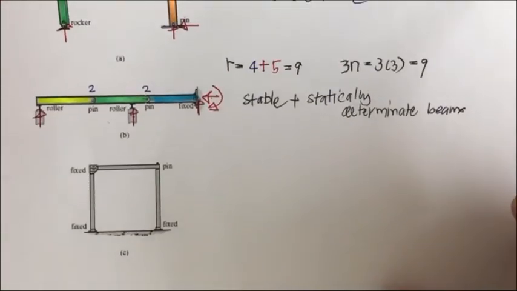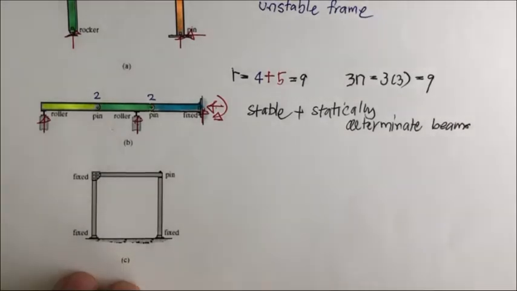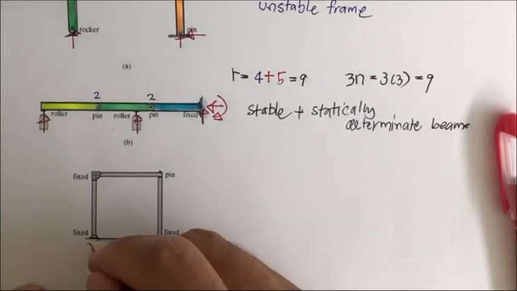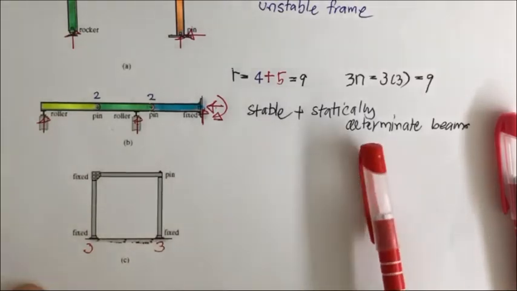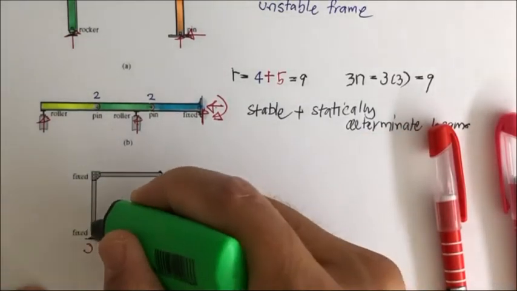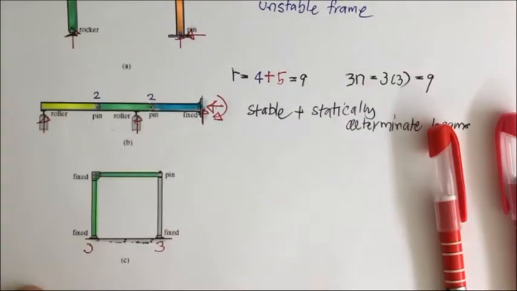Okay, we are coming to our last problem. It is a frame this time, and this time the frame is fixed, so the unknowns are going to be 3. And the joint here is fixed, so we can consider this beam and column as the same free body diagram.